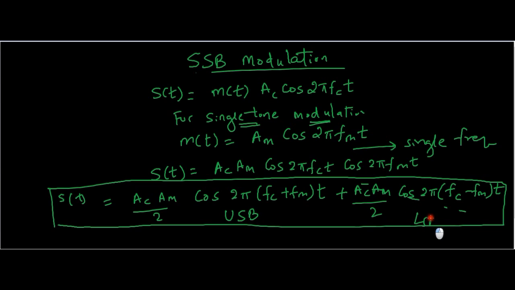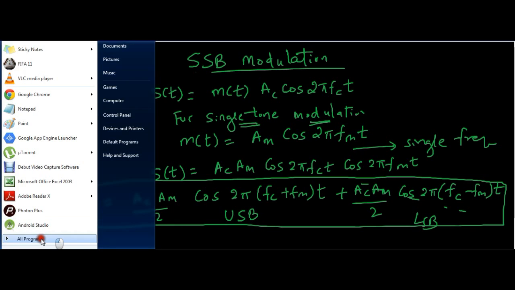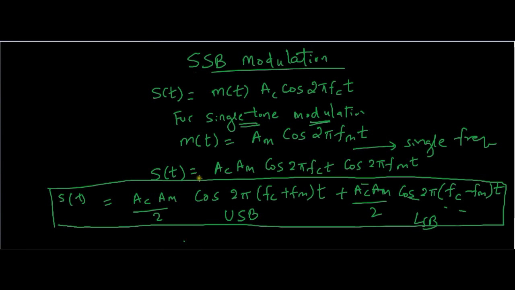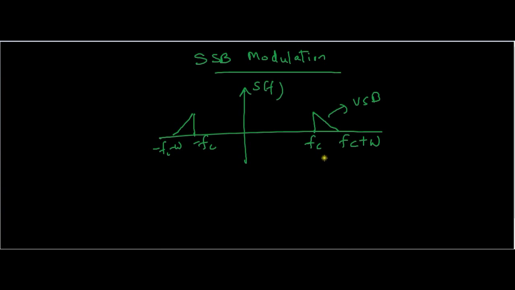So this is how the SSB modulation frequency scheme looks like when USB is transmitted. There are two equations for SSB modulation.